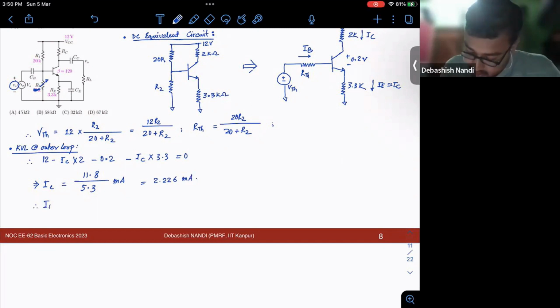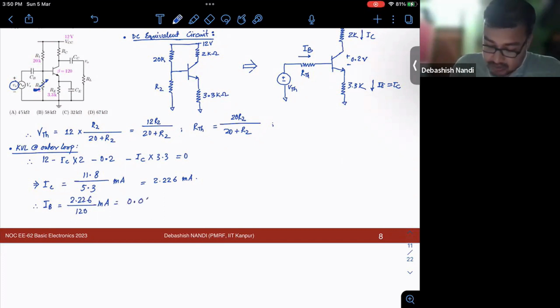So my IB would be 2.226 milliampere divided by 120, which is 0.0185 milliampere. Okay. So I know IB.